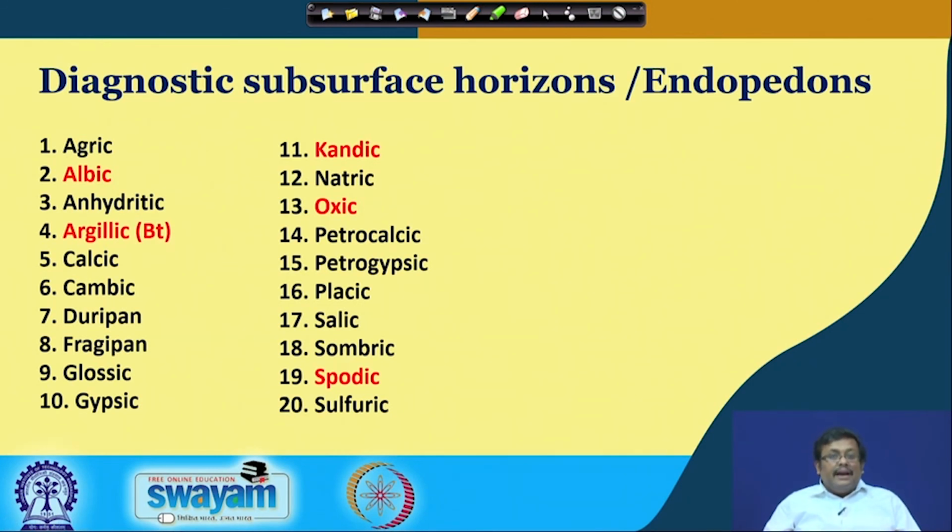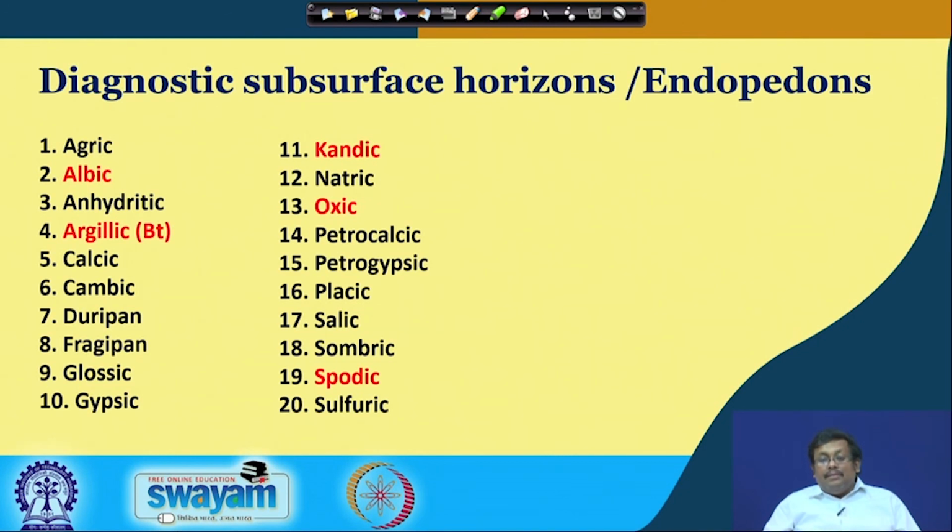So, starting from agric, then albic, then anhydritic, then argillic, calcic, cambic, duripan, fragipan, glossic, gypsic, candic, natric, oxic, petrocalcic, petrogypsic, placic, salic, sombric, spodic, sulfuric, all these are important subsurface horizons or endopedons.